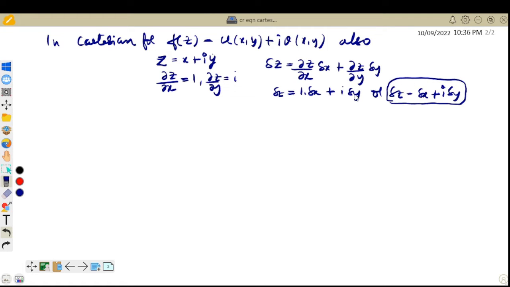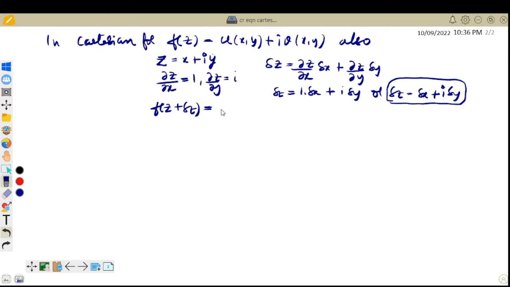So let us substitute f(z), and also we need to substitute f(z + Δz). Here we are given increment to z as Δz.